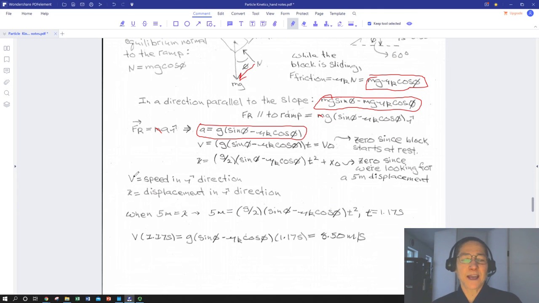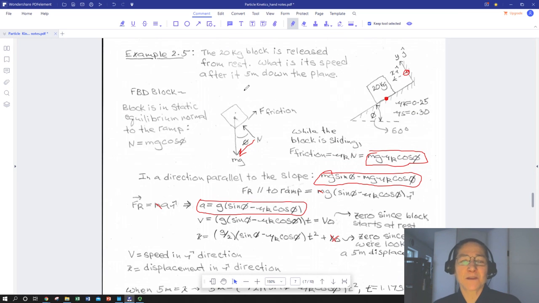So I can define v as a speed in the i hat direction. v is velocity. It has a vector direction, but because the velocity is only in the i hat, it's actually a speed. And in this case, because I made x sub 0 zero, x is now a displacement rather than a position. So I was asked what?